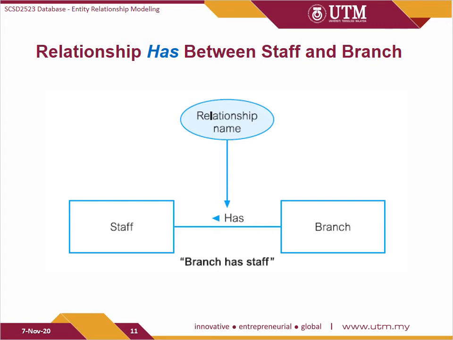That means the name of the relationship only makes sense in one direction. For example, branch has staff makes more sense than staff has branch. So, once the relationship name is chosen, an arrow symbol is placed beside the name to indicate the correct direction to interpret the relationship name, as shown in this slide.